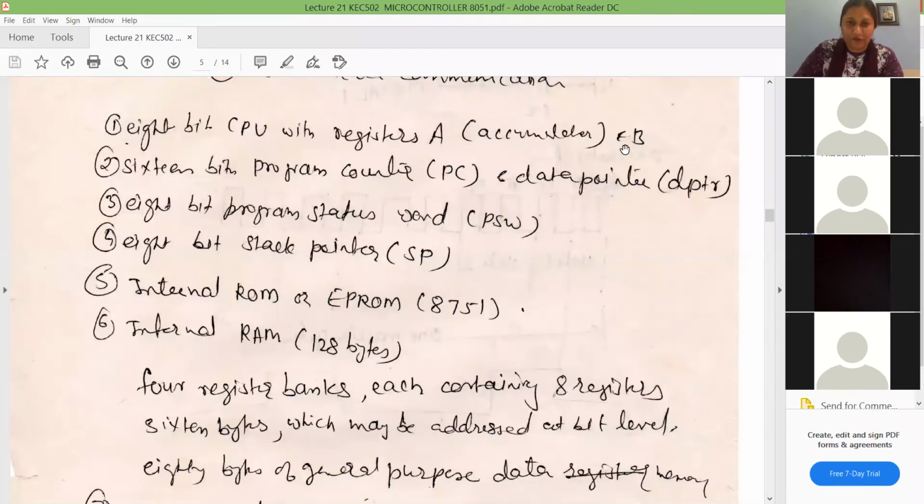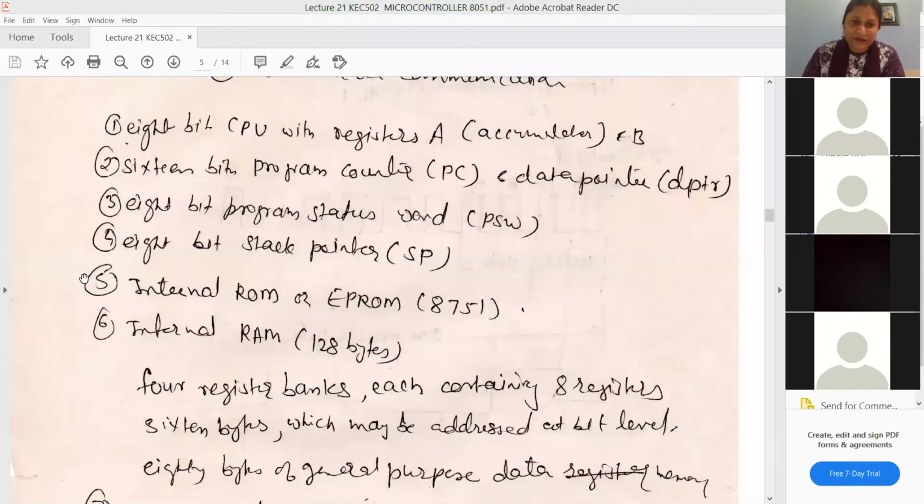Like you have 4 banks RB0 to RB3, and each bank is containing 8 registers from R0 to R7. So you do not have numbers from R0 to R31, you have numbers from R0 to R7 only. So you have to specify the bank first, which bank this R0 refers to.